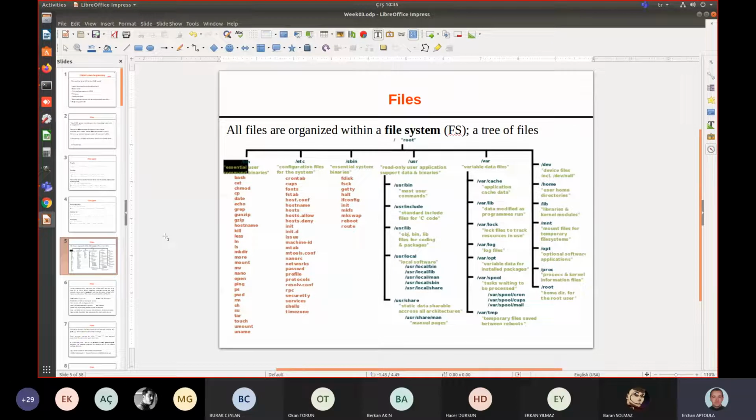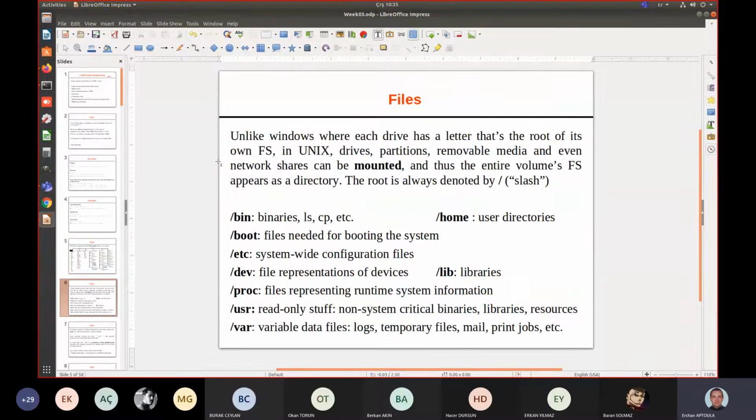We will get to that in one of the upcoming weeks. And of course, the root directory containing the root user's home directory.